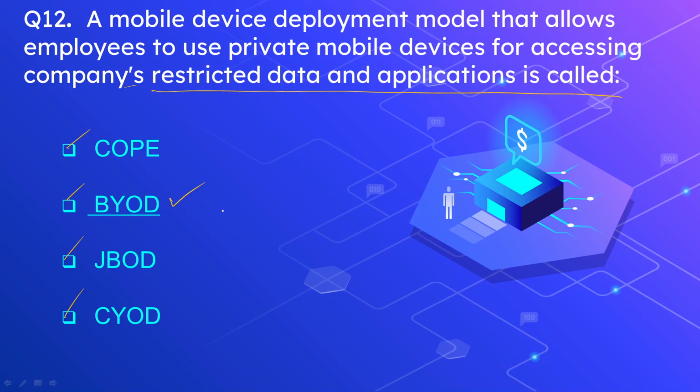BYOD stands for bring your own device. So in this model, the employees or the users bring their own private devices to connect to the company restricted data and applications.